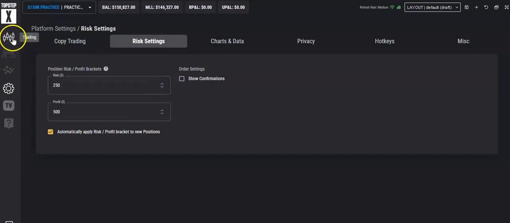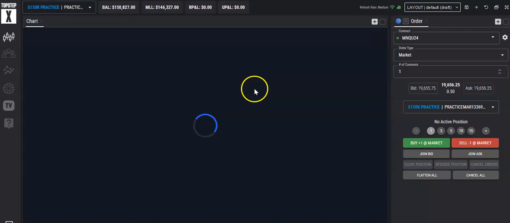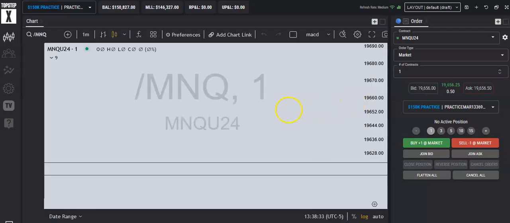If you go over here to the gear cog called settings, and you click the second one over, you can put in how much you want to risk on the trade and what you want your profit to be. I just have this set up as a 2-to-1 profit based on risk. We won't be coming anywhere near these numbers. I'm just going to be trading in my practice account and showing you a few things about scalping.